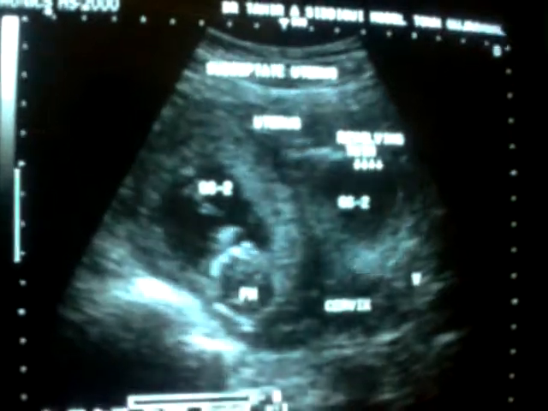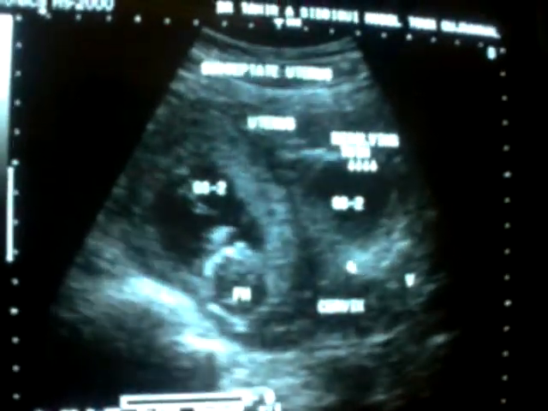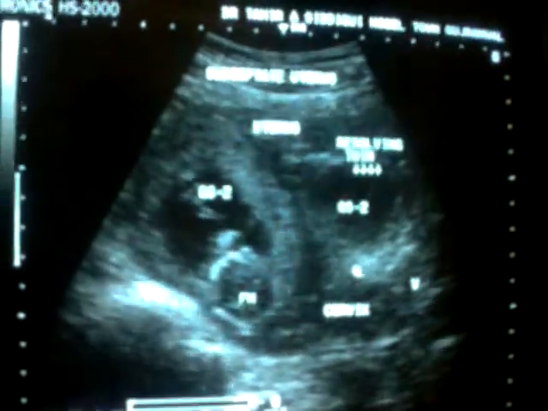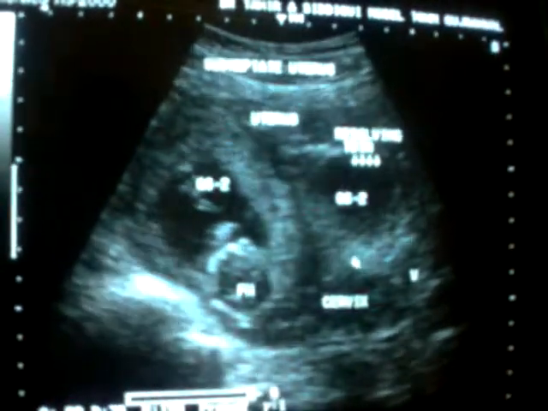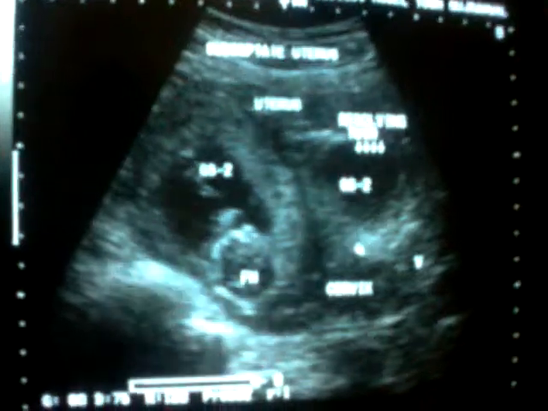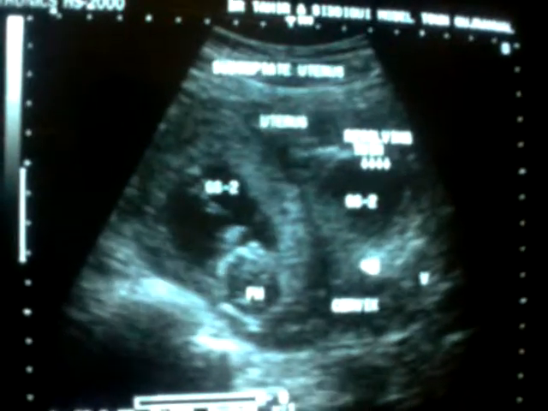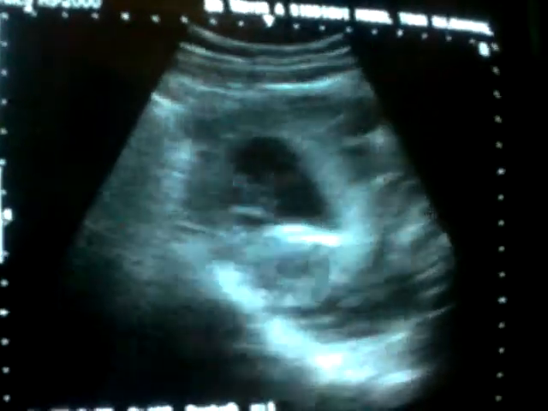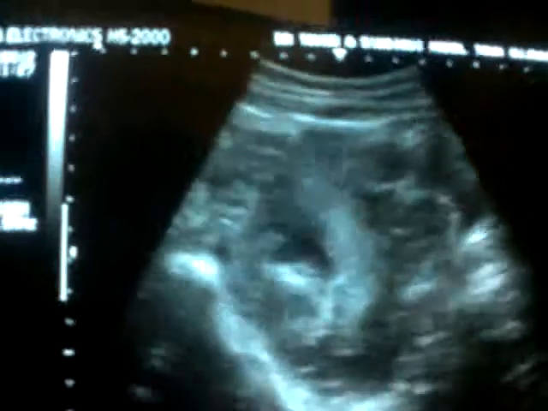So this is a case of intrauterine pregnancy in a subseptate uterus with a resolving twin in one of the endometrial canals, whereas the other one is normal. Now let's see on the real time.